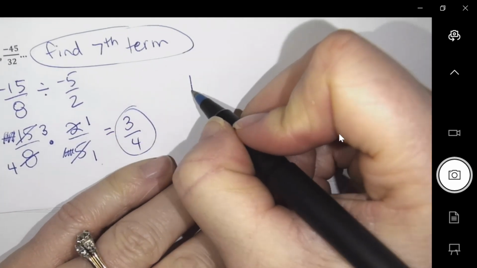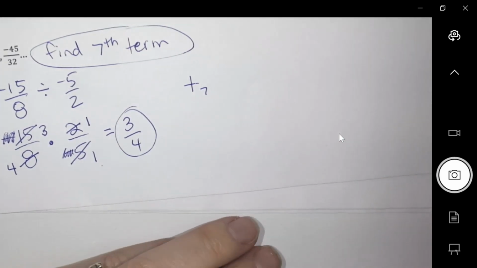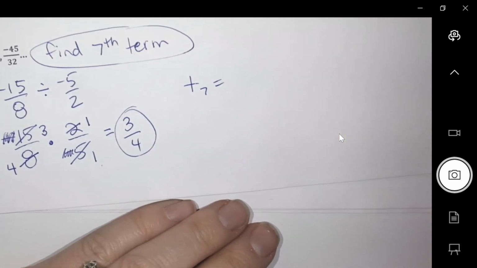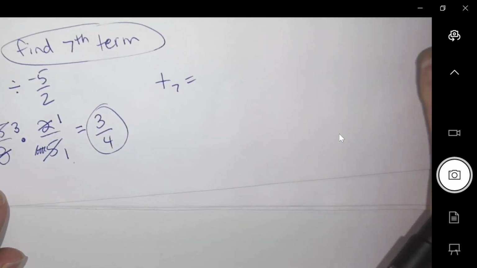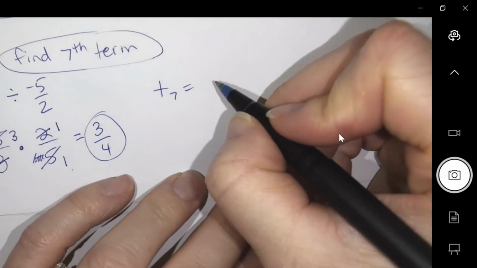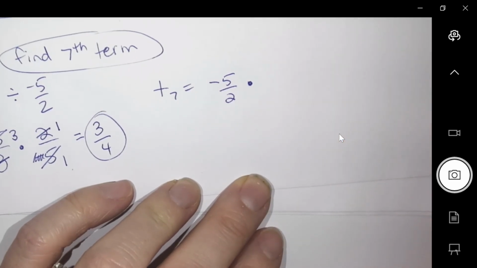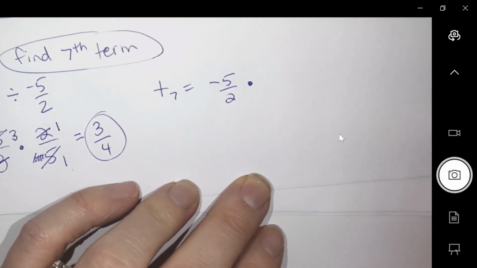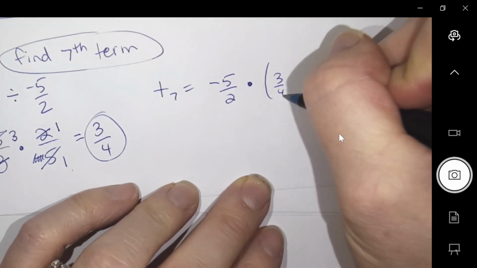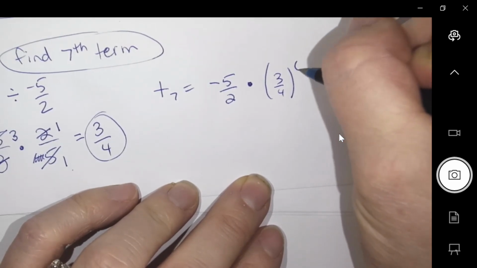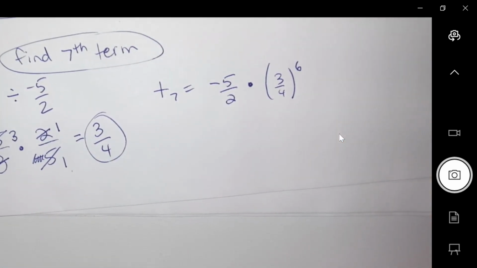Okay. Term 7 equals term 1, so negative 5 over 2, times 3/4 to the power of 6, because we're on the 7th term, but subtract 1. Okay, lots of brackets going on.